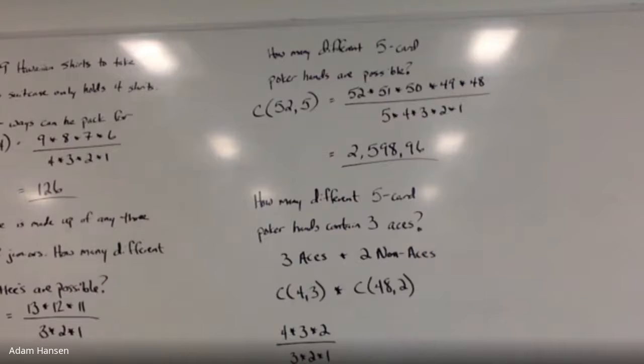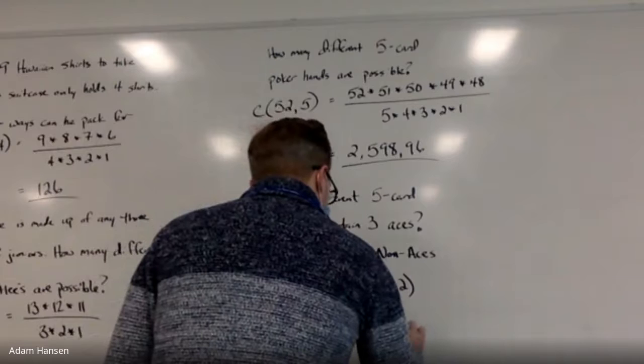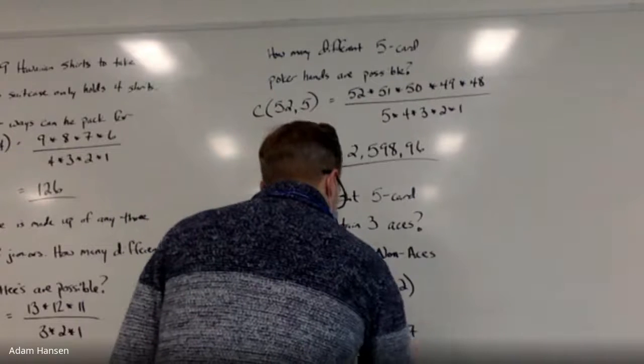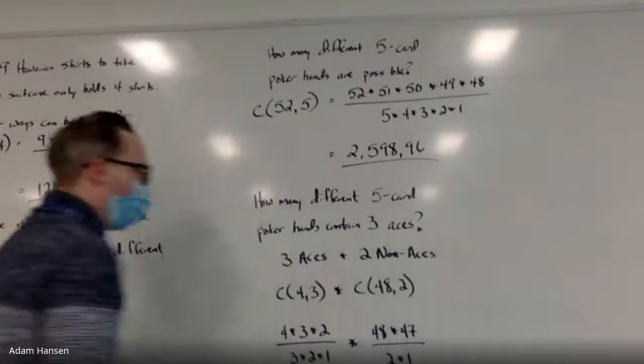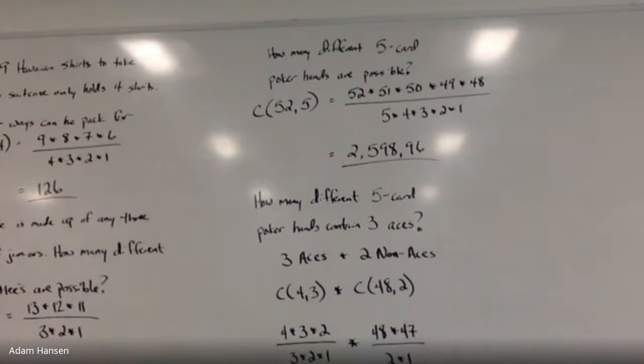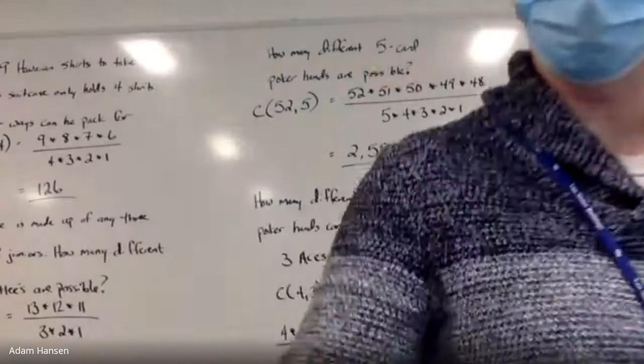So let's divide out all the different 3-card combinations I'm counting more than once. Now 48 choose 2. That'd be 48 times 47, but then divide by 2 factorial, 2 times 1. There is your product to figure out how many different 5-card hands contain exactly 3 aces.